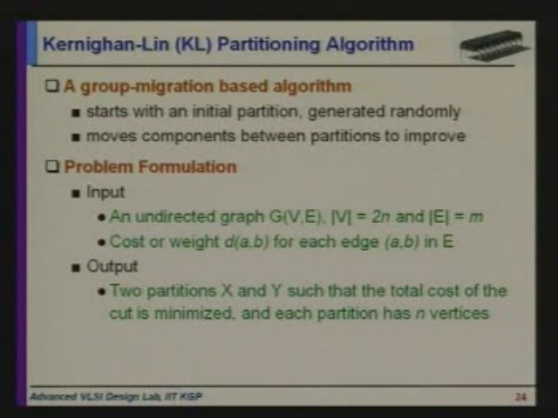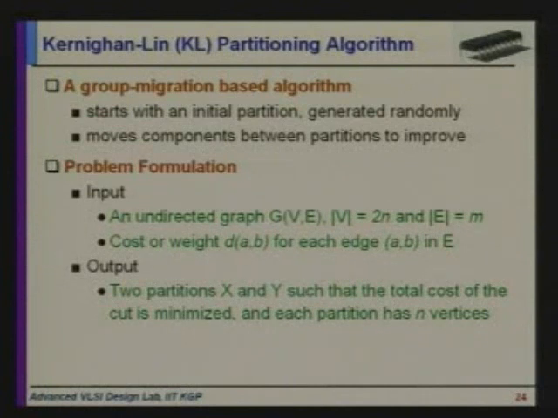So, we come to the problem formulation. We are given an undirected graph G equals (V, E), where |V| equals 2n and |E| equals m. So, the number of edges is m and the number of vertices is 2n, and we are given the cost or weight of each edge.